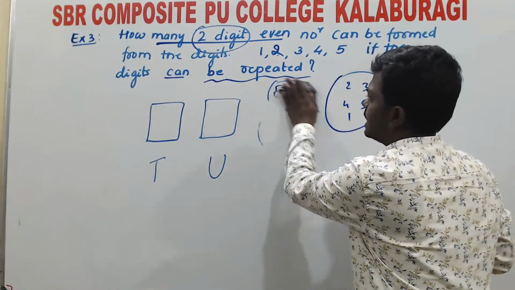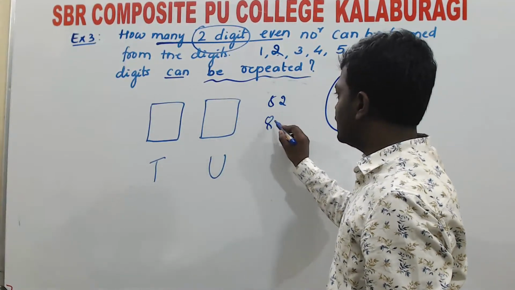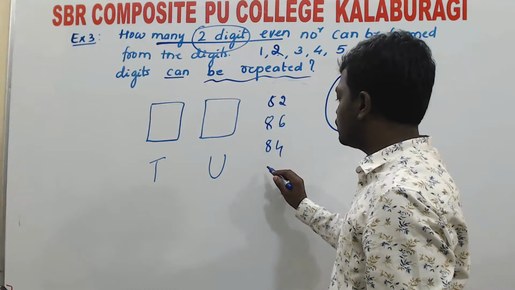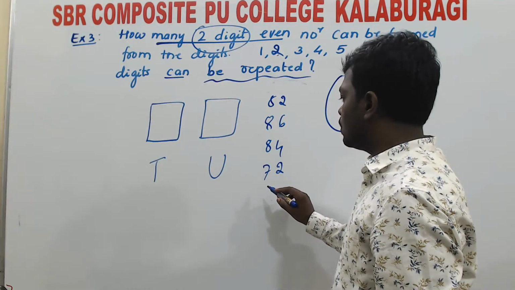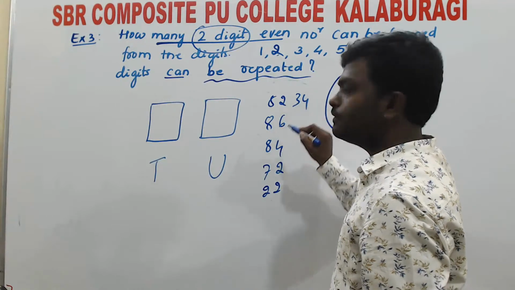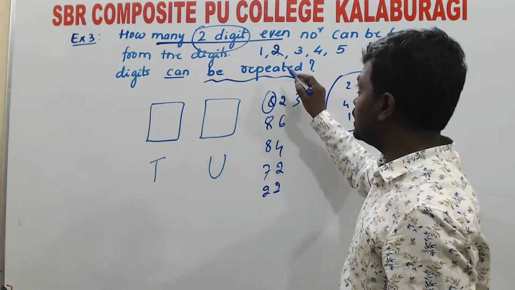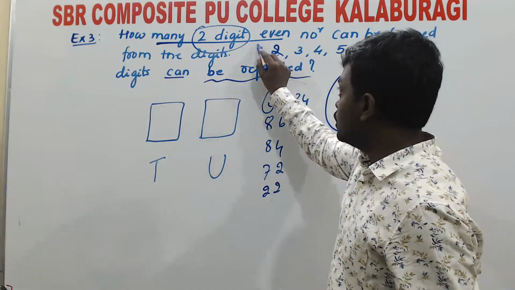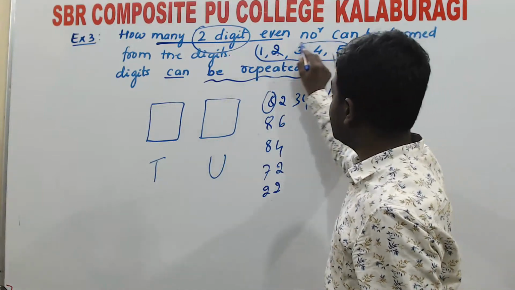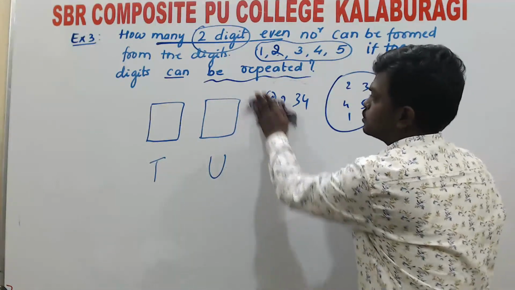What are some examples? 82, 86, 84, 72, right? Or 22, 34. So what I'm trying to tell here is that you have to pick the digits among the given options only. Don't look for other options.